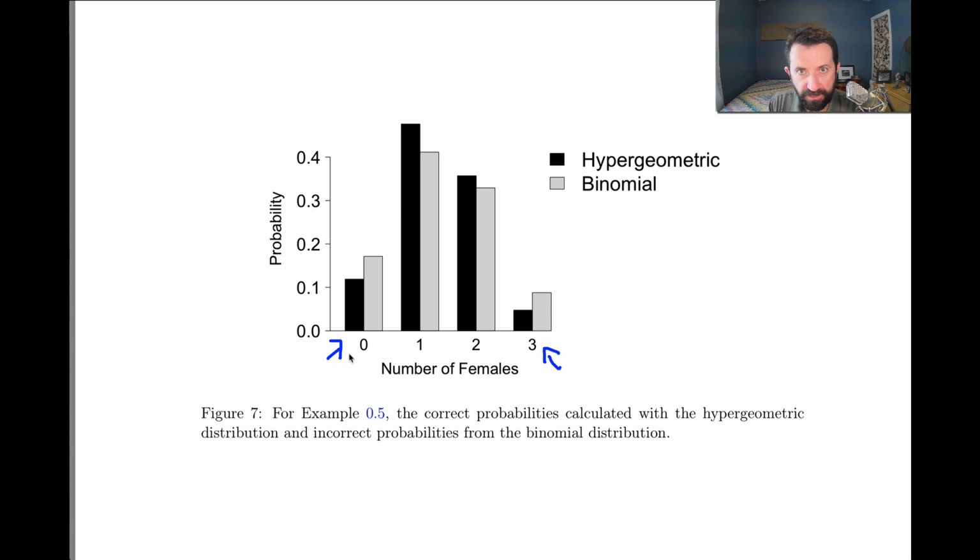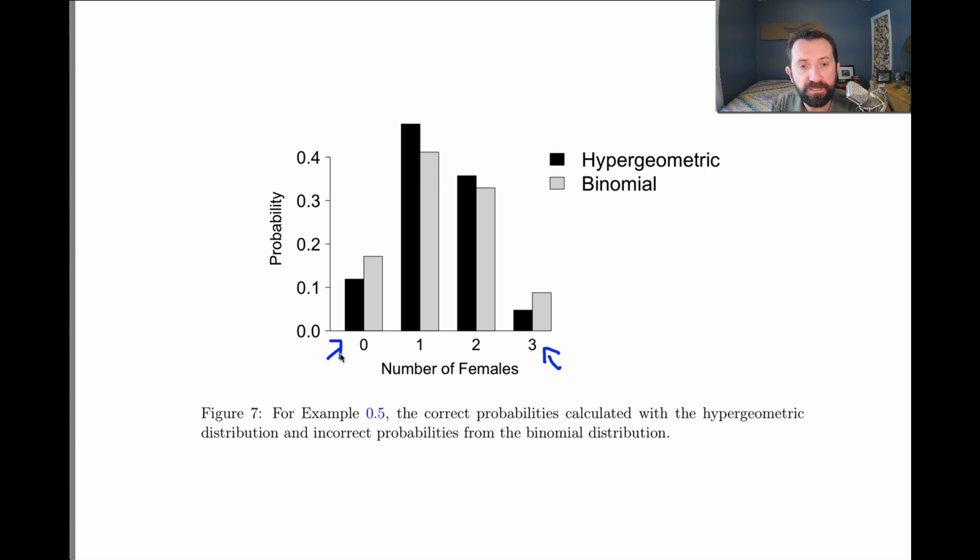It's harder to get the extreme values. It's harder to get 3 females, because when you pick 2 females, say, on the first 2 draws, there are 2 fewer females to pick the next time. So it's harder to get that third than it would be under the binomial, which assumes the trials are independent and your probability is always the same as it was on the first draw.